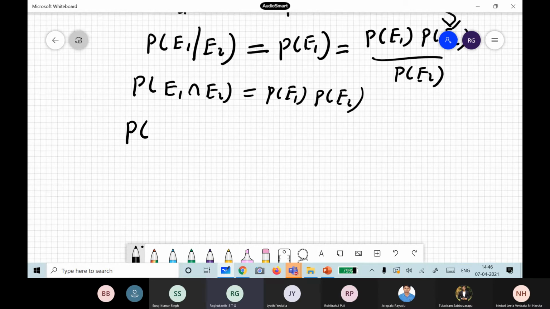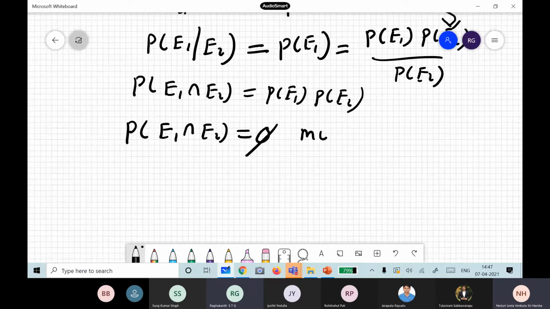Now suppose E1 intersection E2 is a null set, what do we call this? There is no intersection at all. You call it mutually exclusive.